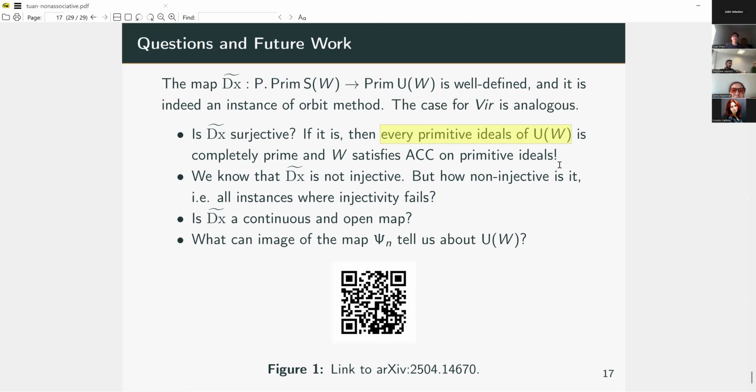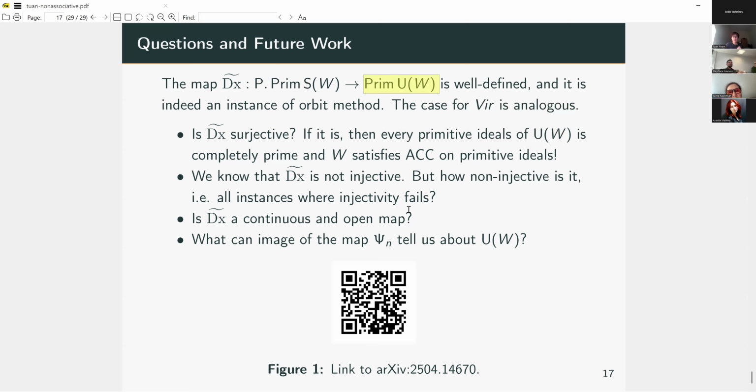The next question is, is dx twiddle a continuous and open map? As I said before, there's a natural topology one can define on the Poisson primitive ideals and on the primitive ideals of U of W. So a natural question is whether the map I defined is a continuous and open map.